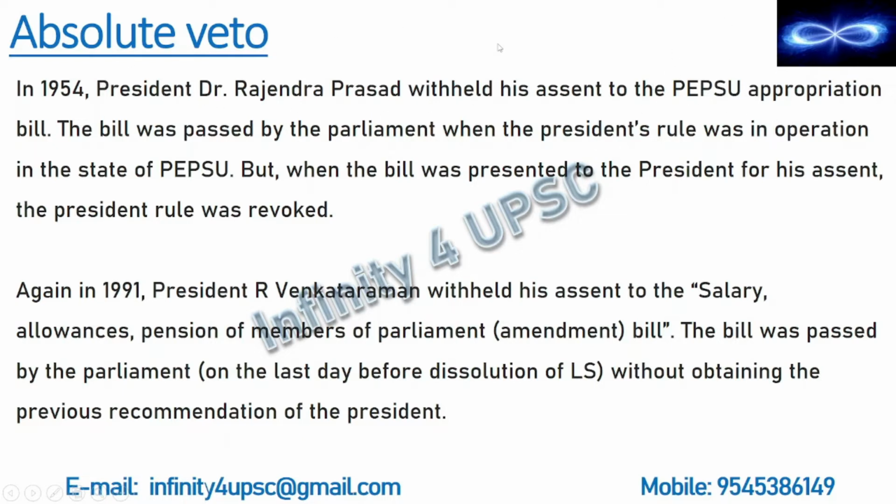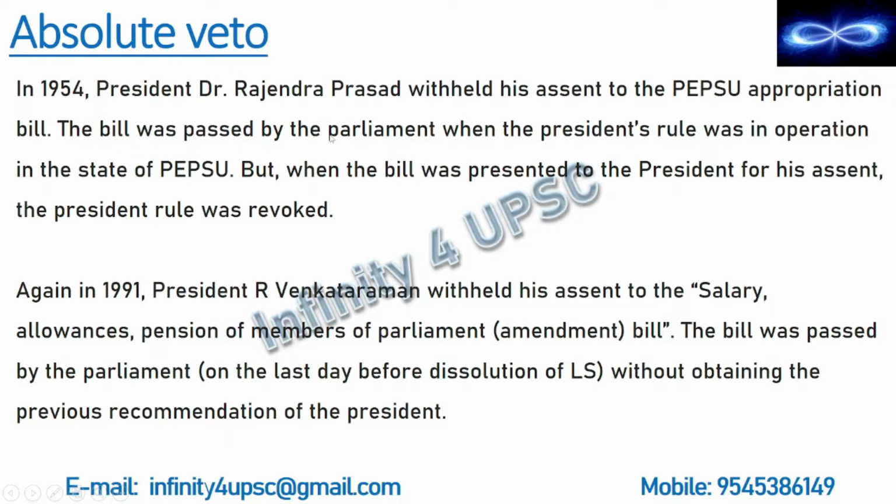So what are we talking about? This is an example of absolute veto used by the president in 1954. And who was the president? Dr. Rajendra Prasad. It was about the PEPSU appropriation bill. Then why did he use this veto power?